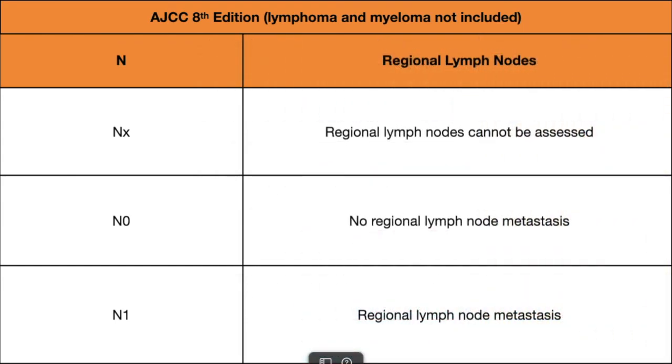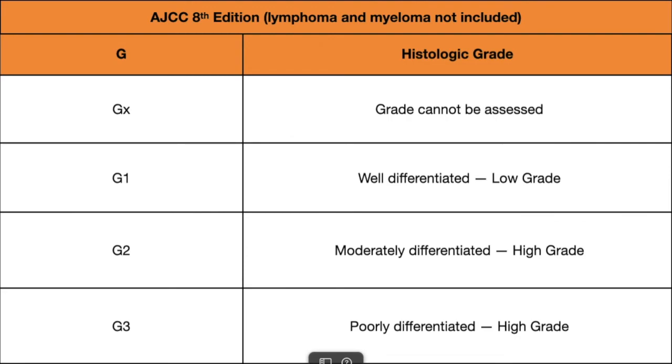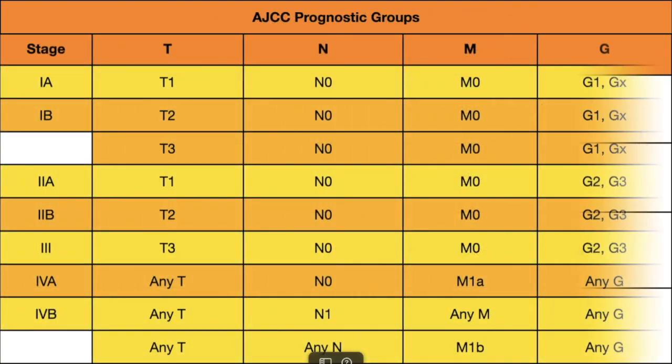Then N0 is no regional lymph node metastasis, N1 is regional lymph node metastasis. M0 is no distant metastasis, M1 is distant metastasis, M1a to lungs, and M1b to the bones. G1 is well differentiated, G2 is moderately differentiated, G3 is poorly differentiated.